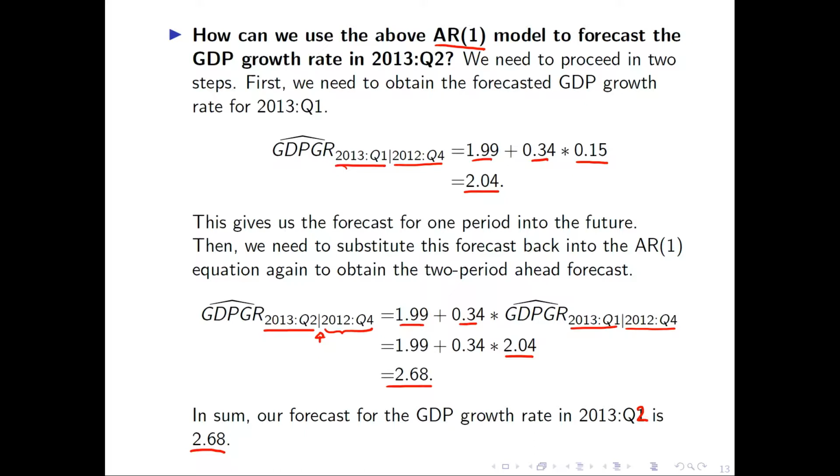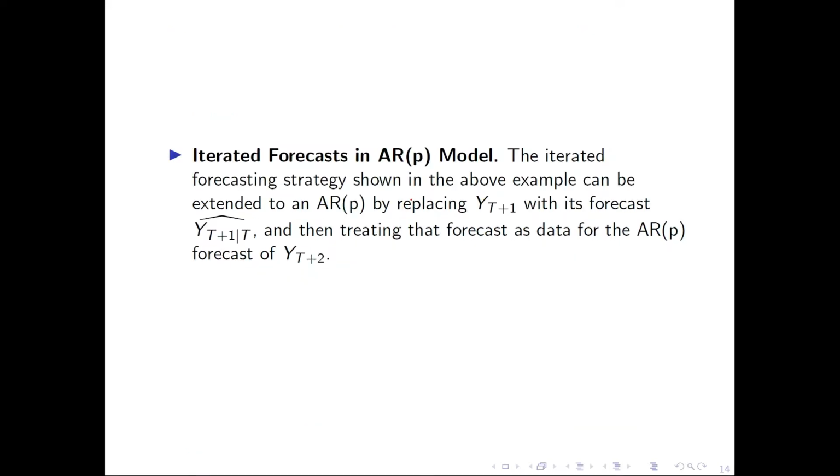This was an example of using the AR1 model for forecasting several steps ahead with an iterative forecast. But we can use an AR(p) model with an arbitrary number of lags in the same way. Just remember to replace the y(t+1) with its forecast.